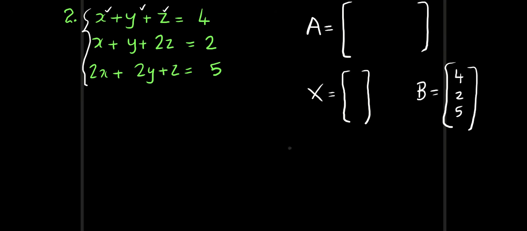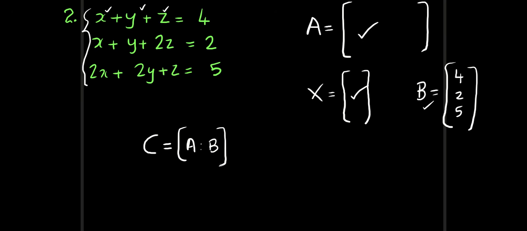And once you do this, you'll be able to augment the matrix A and B. So first you collect all the coefficients, then the unknowns, and then B, and finally augment the matrix.